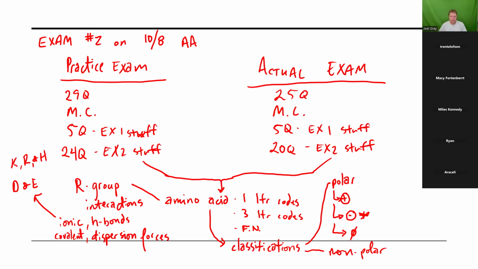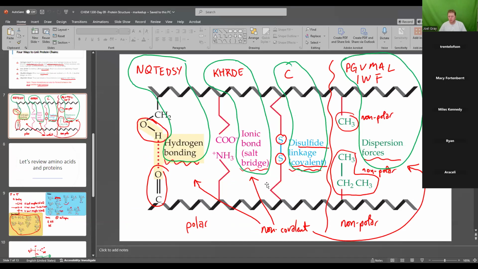And just to clarify what I'm referencing there, I'll switch my share for a second. So amino acids that are likely to participate in dispersion forces or interact through dispersion forces, disulfide bonds, ionic interactions, and hydrogen bonding.